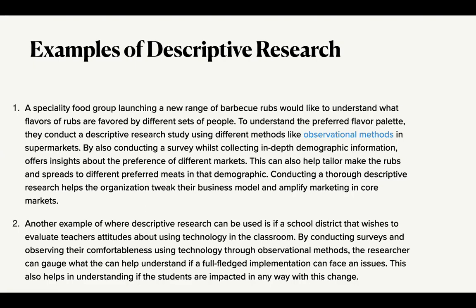Another example where descriptive research can be used is in school districts. Say a district wants to evaluate teachers' attitudes about using technology in the class.